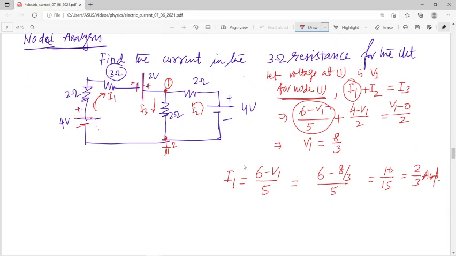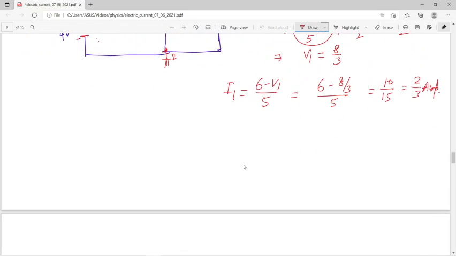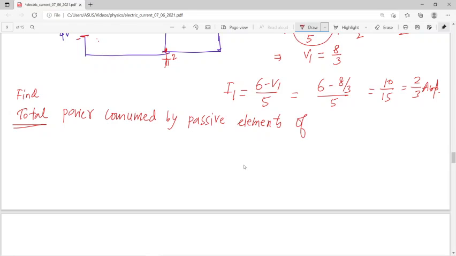Similarly, questions may come asking you to find the total power consumed by the passive elements of the network. The circuit would be given like that.